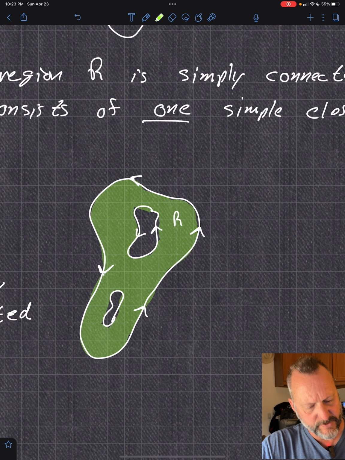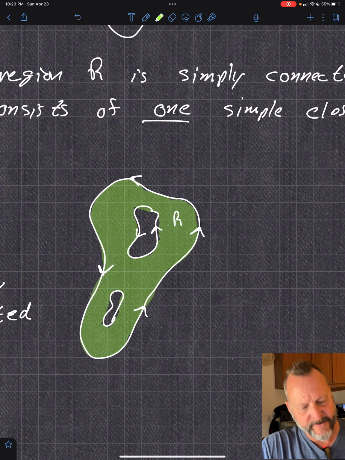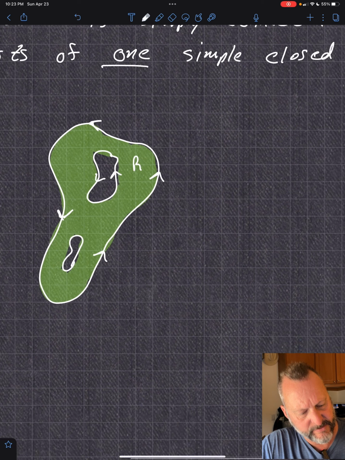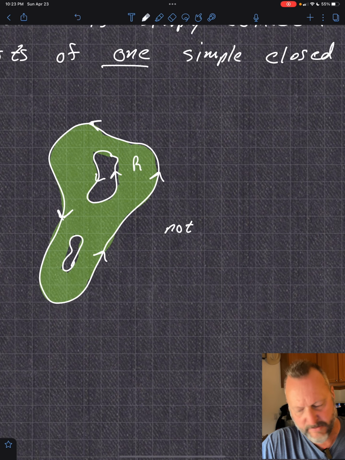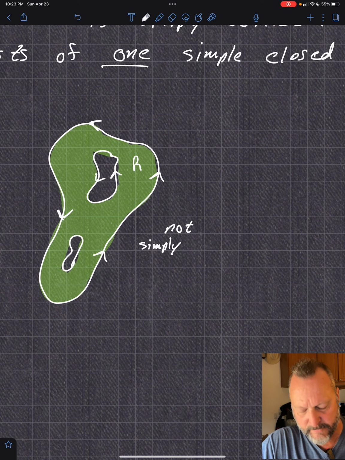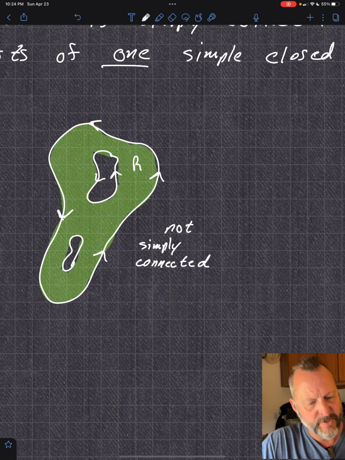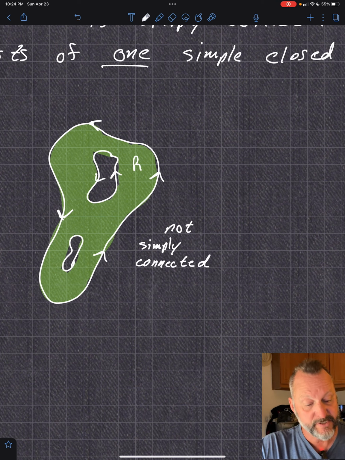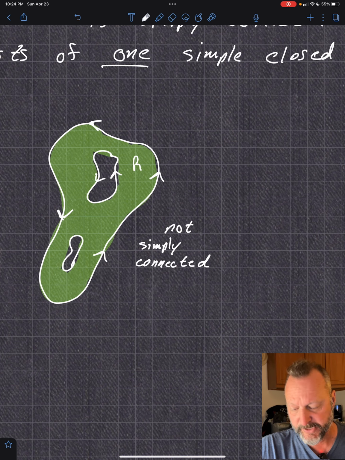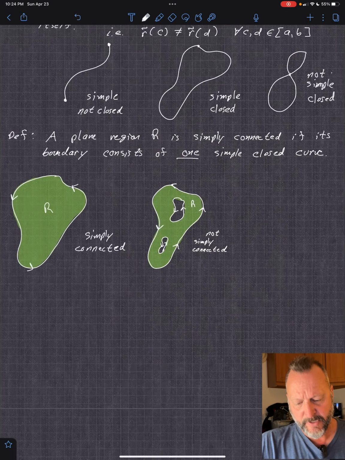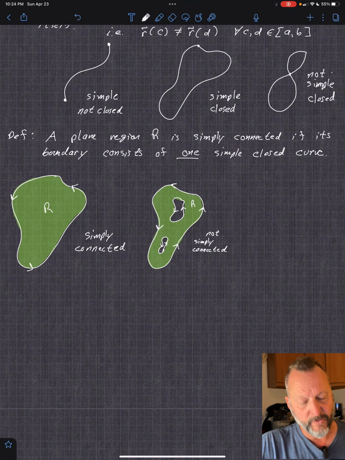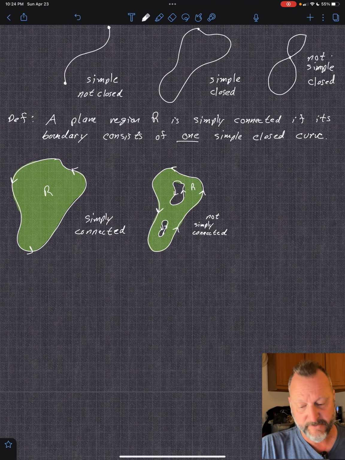So there's another one. So this is not simply connected. Because remember, it has to be one simple closed curve. This boundary is defined by multiple simple closed curves. Although they don't cross itself, right? So that's the other thing.